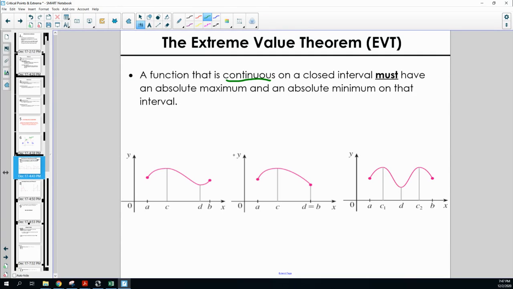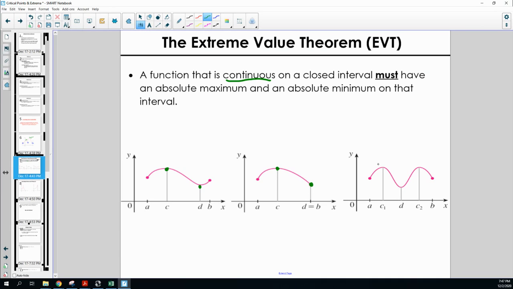So looking at these three different scenarios, right, we can see that these are all continuous graphs. And at some point on this graph, we're going to have an absolute max and an absolute min. So here we can see that C is our absolute max, and we can see that D is our absolute min. Here we have C is our absolute max, and D is our absolute min, which also happens to be my endpoint.